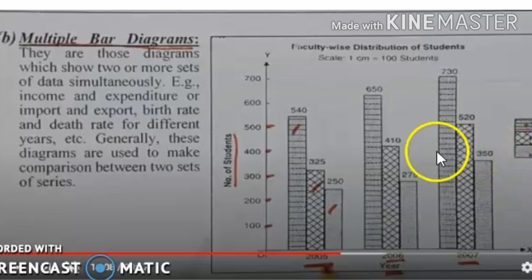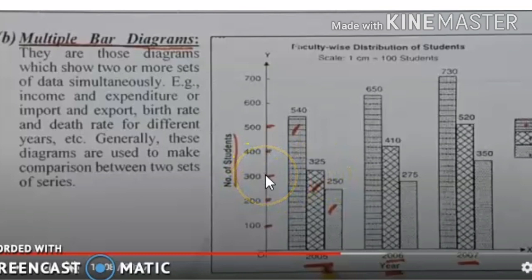So like that you can mark, as I told you, putting 1 centimeter gap. You can mark the data as you marked the bar diagram. You mark one bar, and joining this bar you mark the next, putting the scale here. From 0 you have to mark 325.